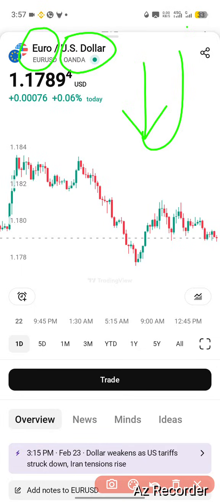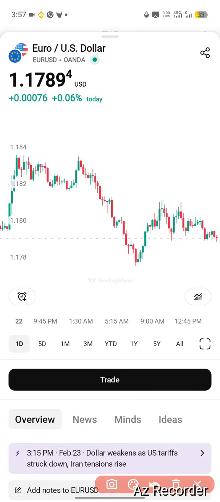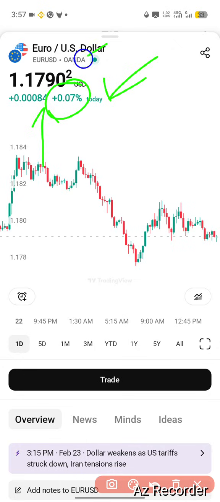When you look closely at this point, you can see today's movement. You realize that the euro was strong because the euro price has moved 0.07% today. That means it has added this amount, and if you had placed a trade, this amount is not going to be a small amount of profit.